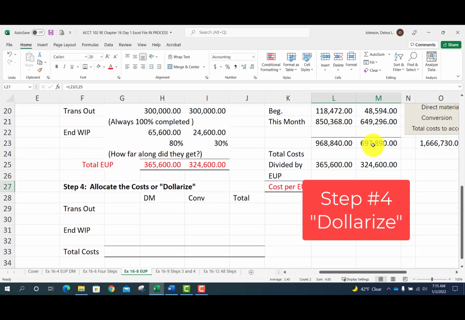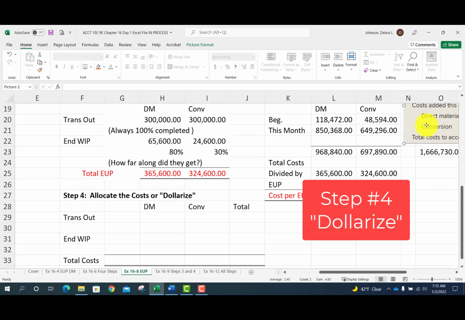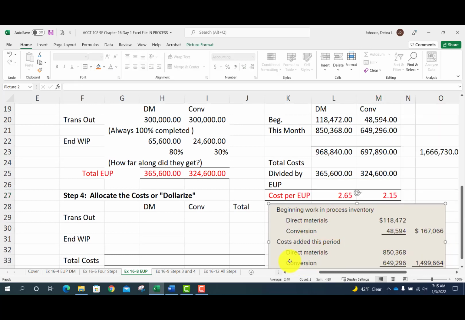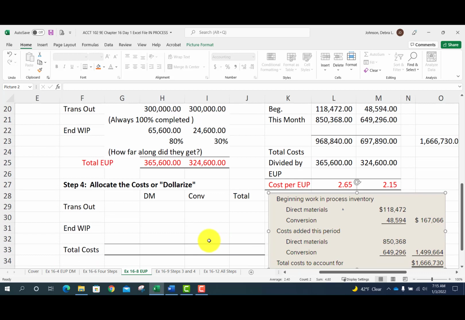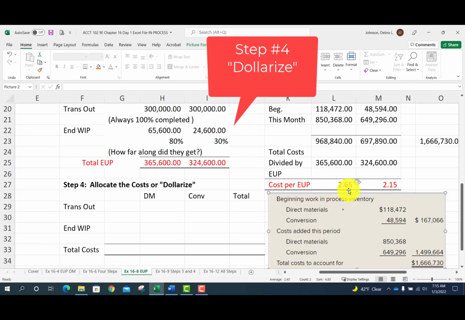The goal here is to dollarize step 2. How are we going to do that? We're going to take the units that we computed right here and multiply them by the cost that we computed in step 3. So again, all 300,000 units transferred out would have carried with them 100% of the costs.